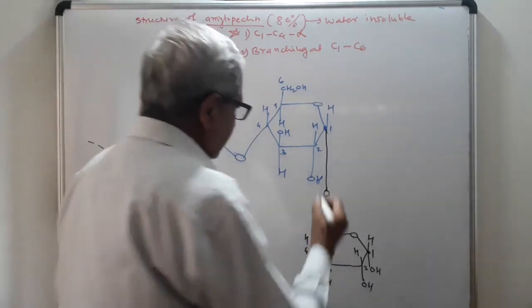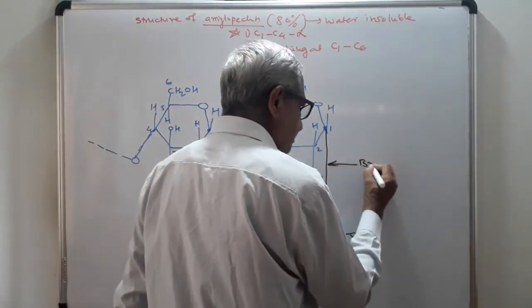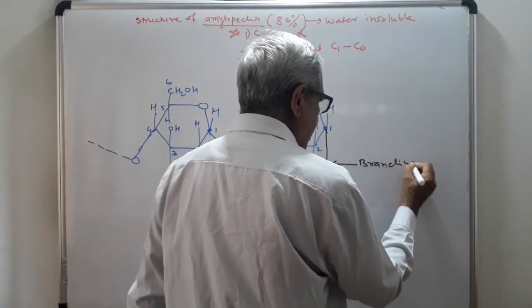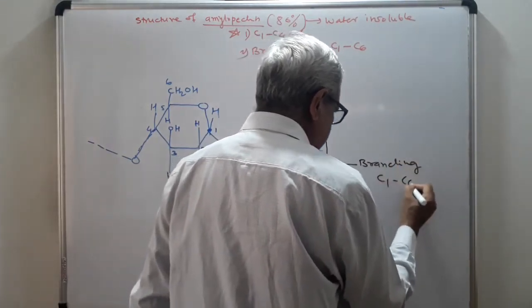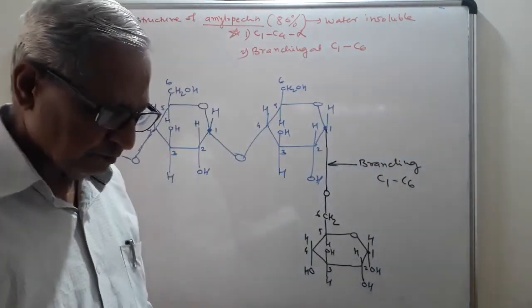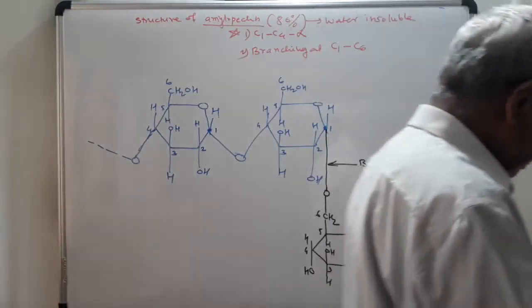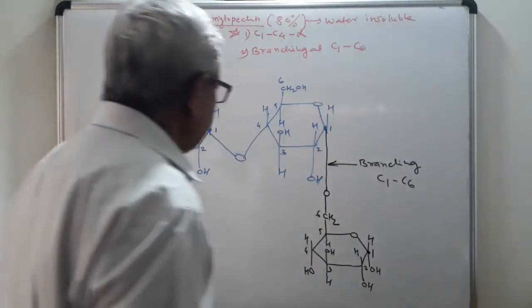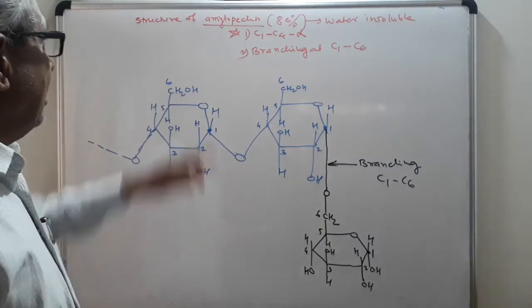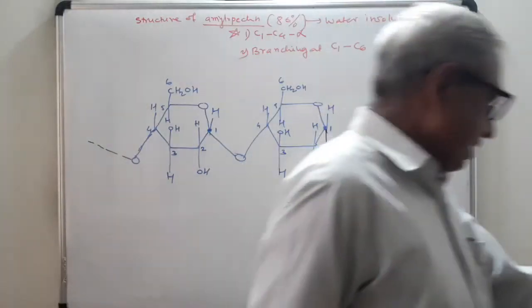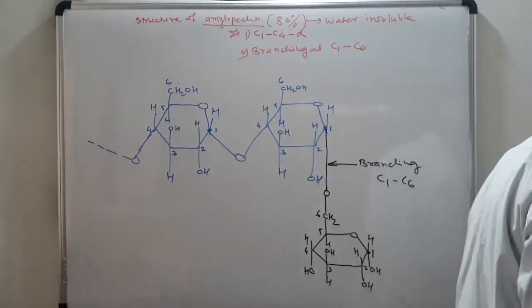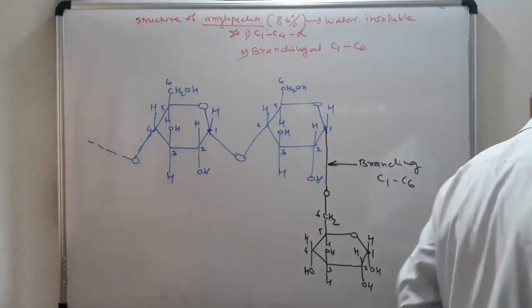Therefore, this indicates the branching between C1, C6. So this is the structure of the amylopectin. Now we are going to start here the next point, structure of cellulose.